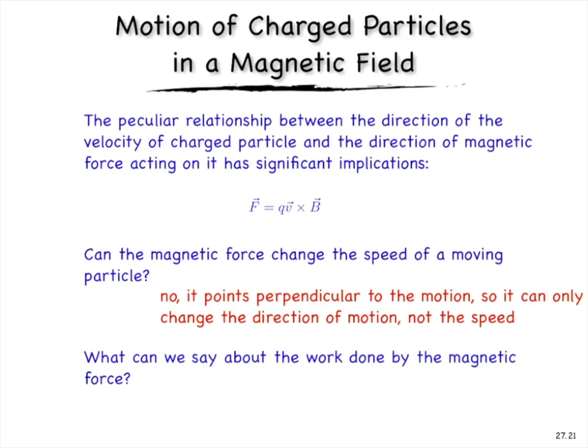F over m is the acceleration, and acceleration is delta v over delta t. So delta v, the change in velocity, is just f delta t over m. So the force is perpendicular to the velocity, so this vector doesn't get longer or shorter, it just changes direction. So magnetic forces cause free particles that are moving to change direction, but not speed up or slow down.